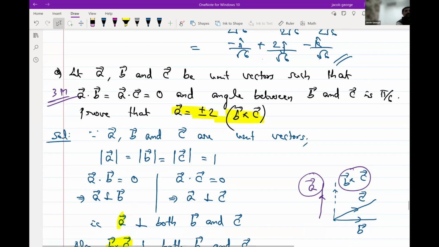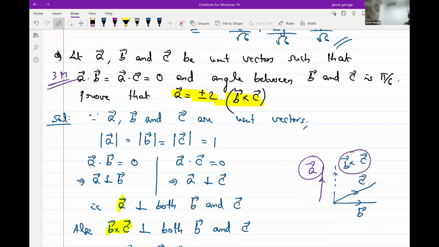Then you combine like this: vector A is perpendicular to vector B, and vector A is perpendicular to vector C, which means vector A is perpendicular to both vector B and vector C. Is it clear till this step?